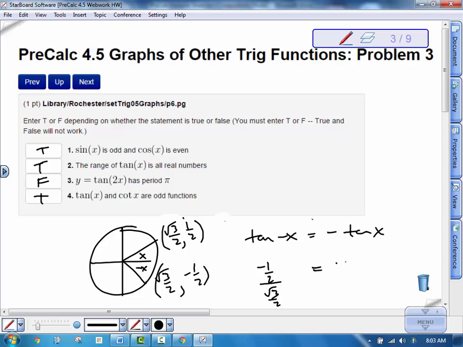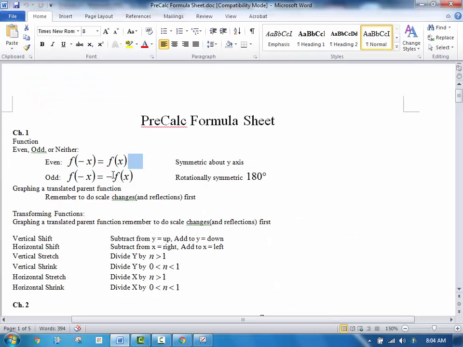And then this would be negative the tangent, and the tangent here of positive x would be opposite over adjacent, or sine over cosine, which is 1/2 over square root of 3 over 2. So that checks out. I know that's only one example, and this has to be true for all angles, not just 30 and negative 30. But it's an easy way to check to see if it is odd or even. So those are right in your formula sheet right here, so definitely know how to use those.